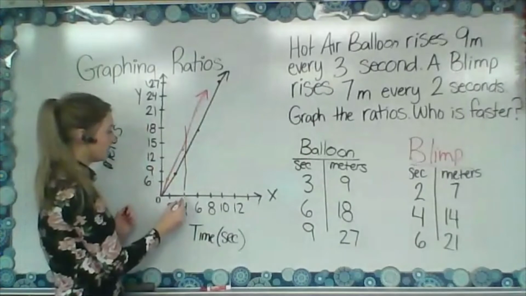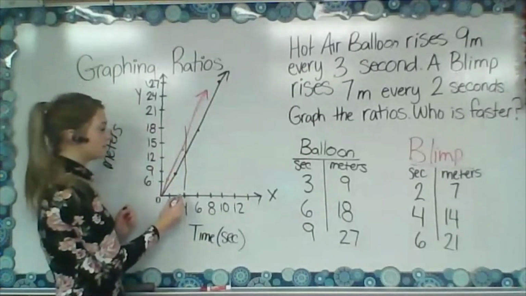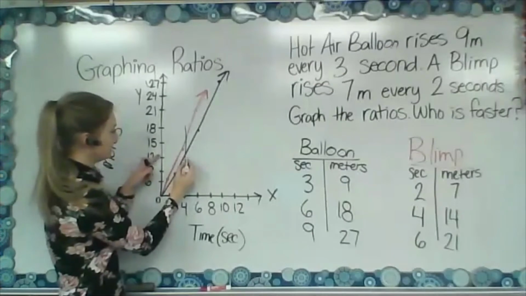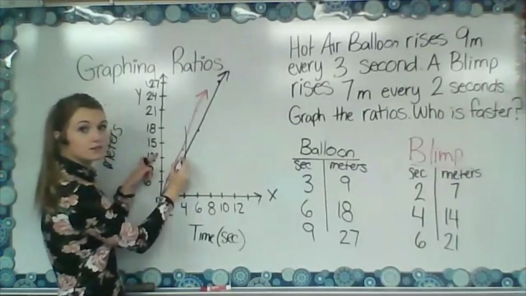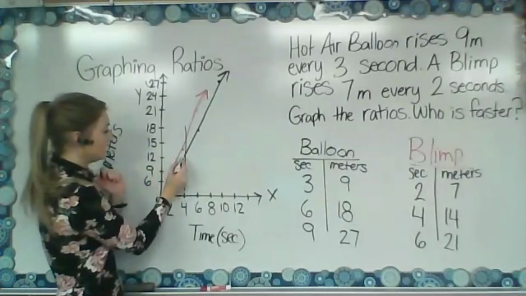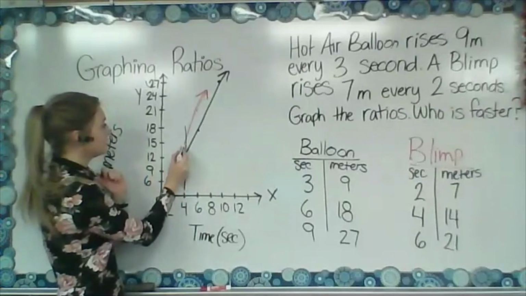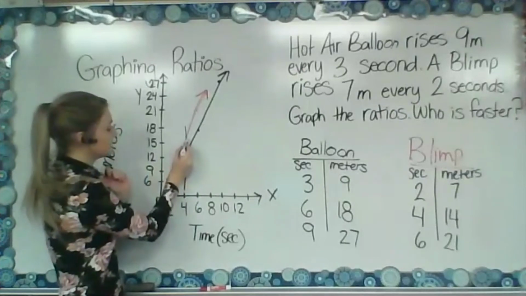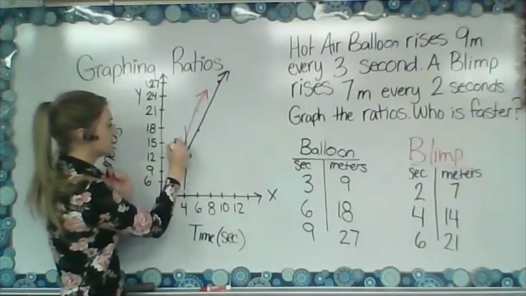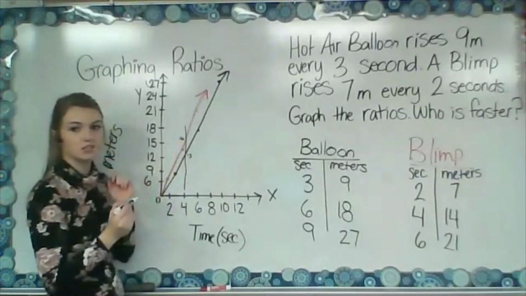In 4 seconds, the balloon is going to be how high? About 13 meters, right? If I go straight across, that's going to be about 13. And in 4 seconds, the blimp is going to be about 16. So we're looking at 13 here where they intersect and 16 up here.